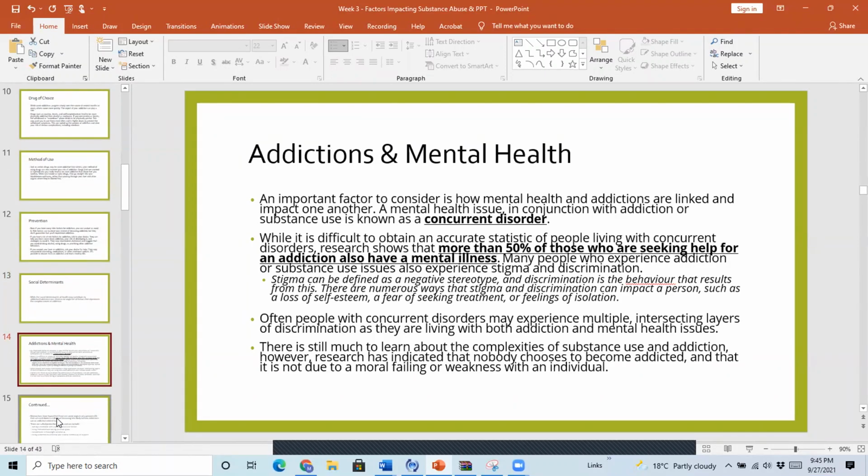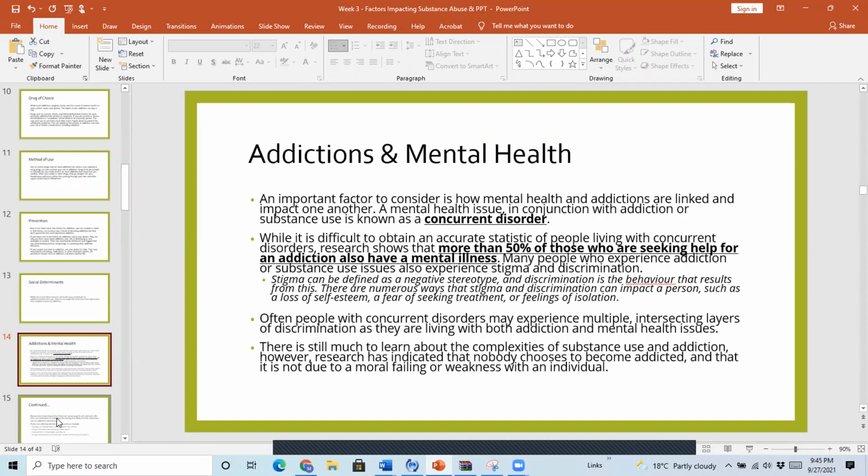Now, addictions and mental health. This particular slide is really packed, and the reason is that there's so much information here. But there are key factors I want to point out. One, as I said before, addictions, substance use and mental health issues are concurrent disorders. They go hand in hand. One sort of leans up against the other.